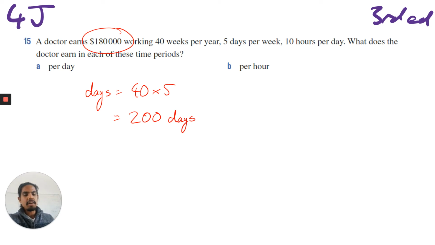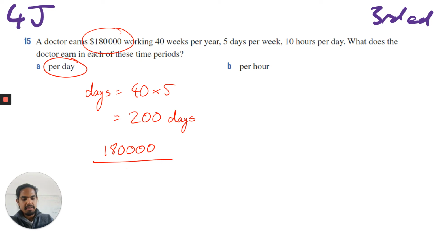So I want to know how much per day, so I'm going to divide my 180,000 per day, which is divided by 200. I can cancel out some of these zeros. So I now have 1,800 divided by 2.